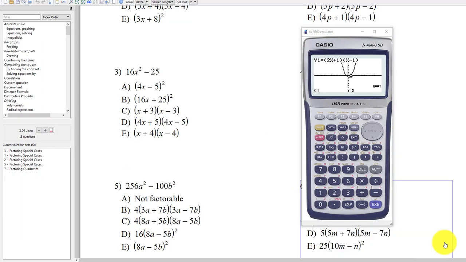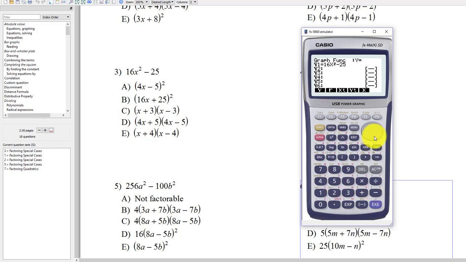Alright, so let's say you forgot how to factor 16x squared minus 25 and you have multiple choice. This will work only if you have multiple choice. So what you need to do is go to your graph and type in the question. Let's say 16x squared minus 25.